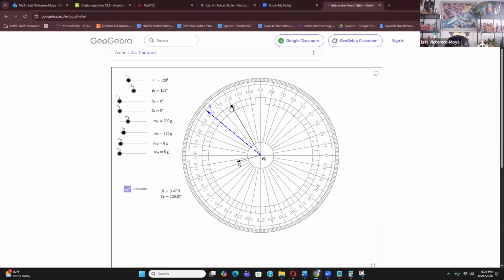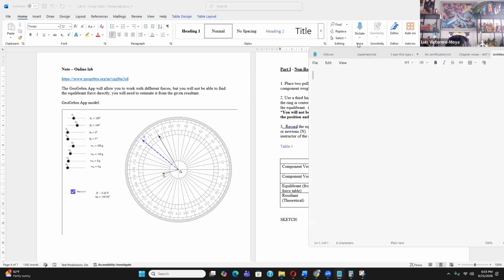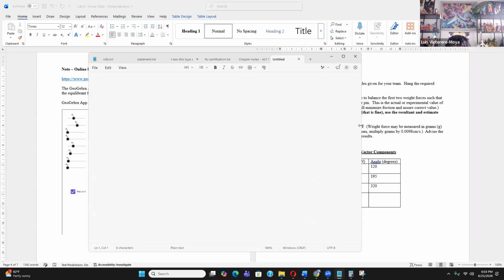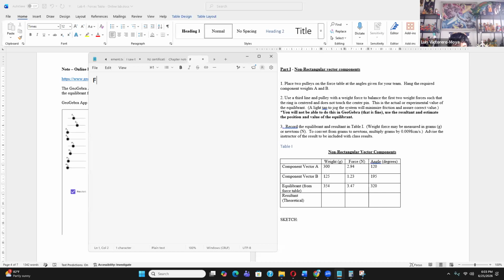All right. So you see, this is your F1. You can find F1Y, F1X, the same for F2, F2X, F2Y. So at 120 degrees, for F1, F1X is 2.94 times cosine of one angle.